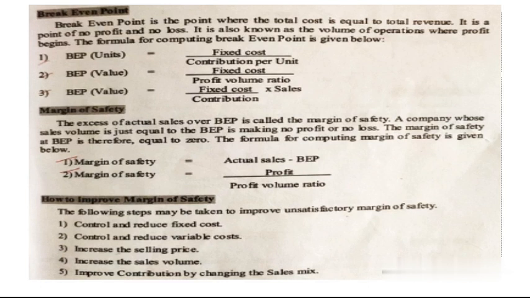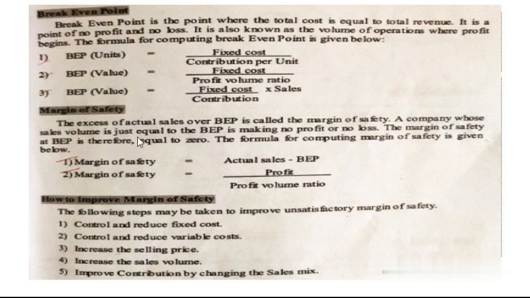You have not gone under the loss situation by producing less than the break-even point units. If you have got a break-even point of 10,000 units using this formula, and you have produced 20,000 units or 11,000 units, you are in the margin of safety line. If you produce less than that, then you are in the loss stage.